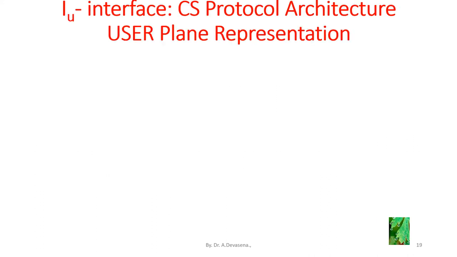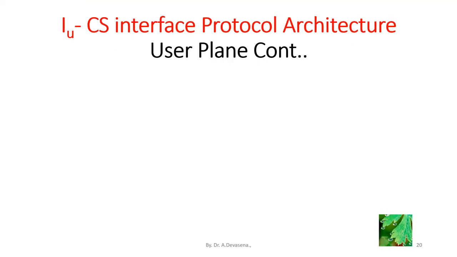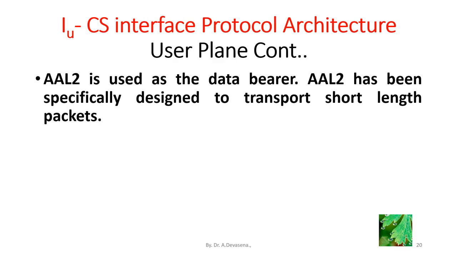User plane representation of CS protocol architecture in IU interface is shown below. This is the user plane portion that is present in circuit switched domain protocol architecture of IU interface. AAL2 is used as the data bearer.